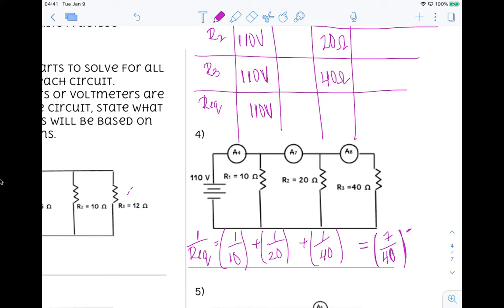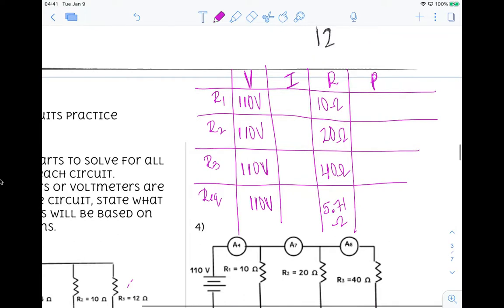Always remember to take the inverse of your answer. So taking the inverse of our answer, we end up with 5.71 ohms total resistance.